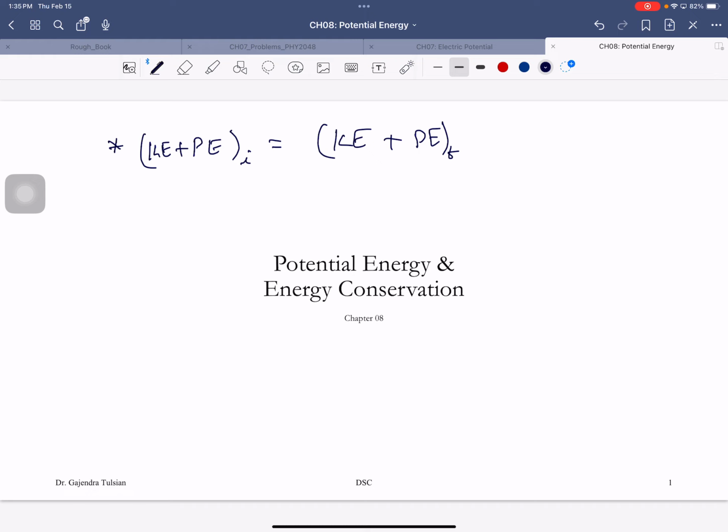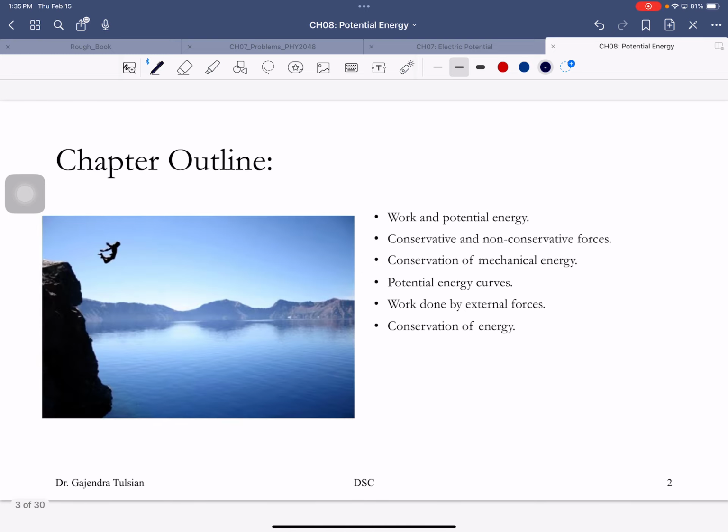We don't talk about that because there are some forms of energy that are hard to keep track of. Now, work and potential energy. When you are dealing with conservative forces, work done by those forces can be tracked by keeping track of potential energy. We'll talk about all this stuff.